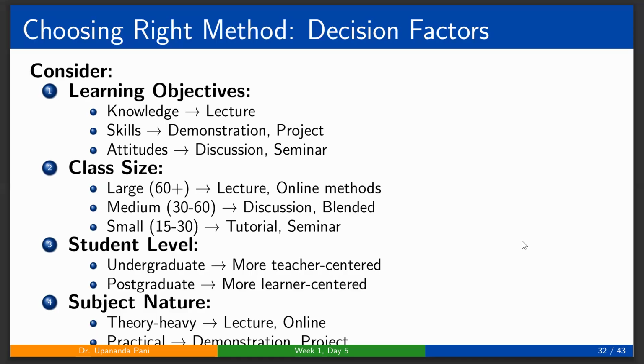Developing attitude means you have to follow the discussion or seminar method. Then based on class size: large, 60 plus, lecture or online method. Medium, 30 to 60, discussion or blended method. If the class size is small, 15 to 30, then you can go for tutorial or seminar method.